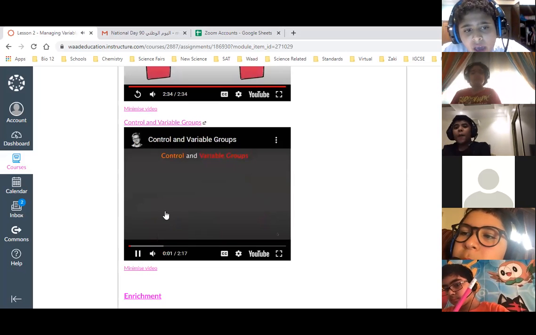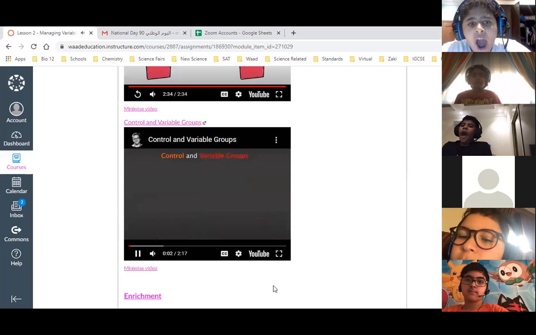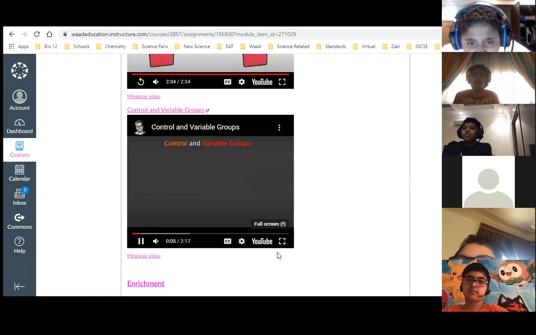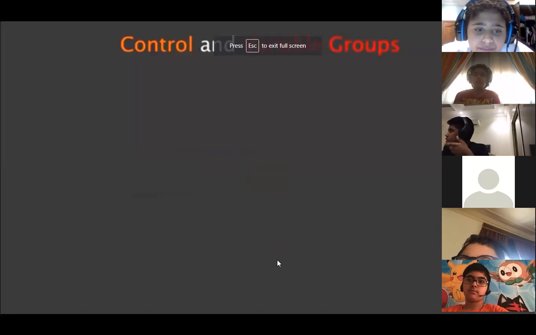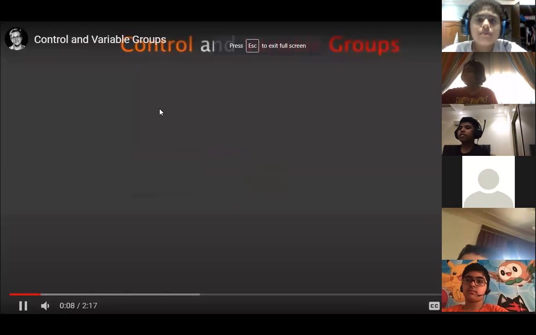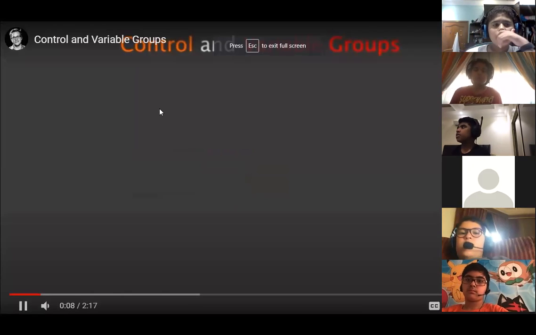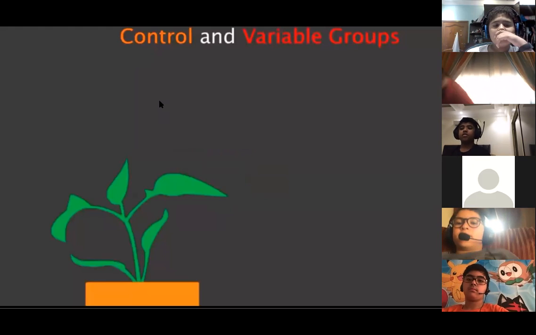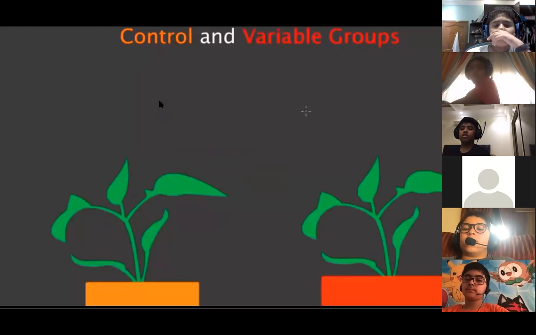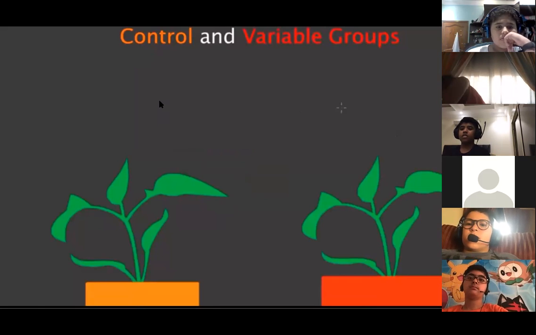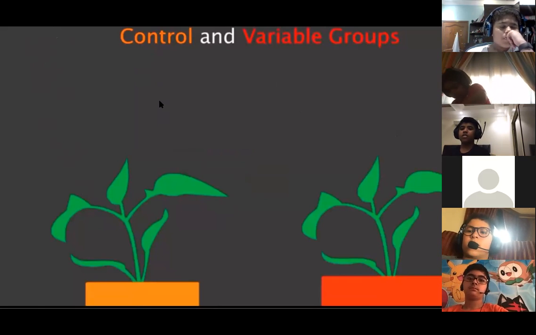When scientists set up an experiment, the way that they test their hypothesis is by having a variable. And so let's just start off with an example hypothesis. Let's say that I think that my houseplant will grow more if I give it a half cup of energy drink every day. In my experiment, I will have one houseplant where nothing changes.